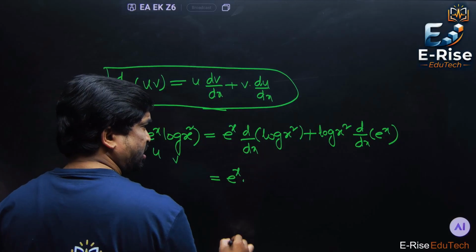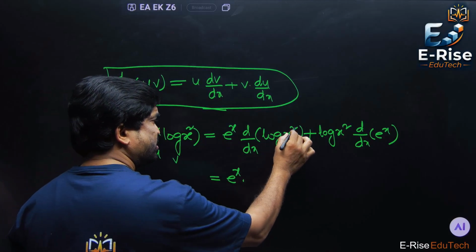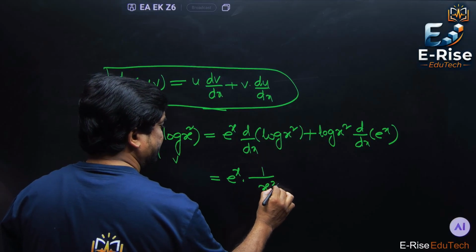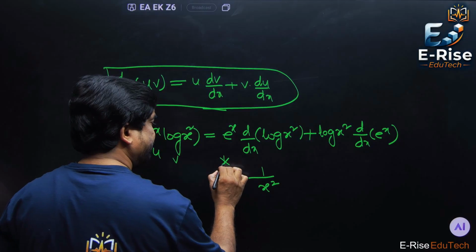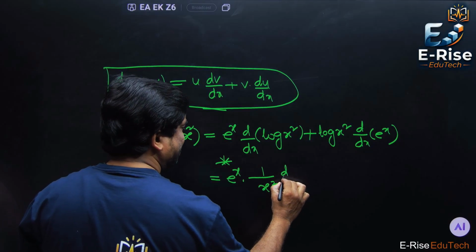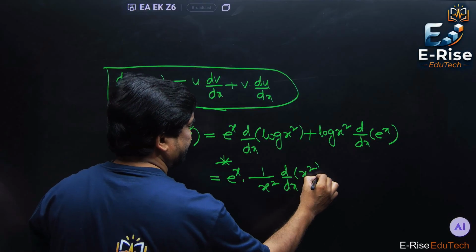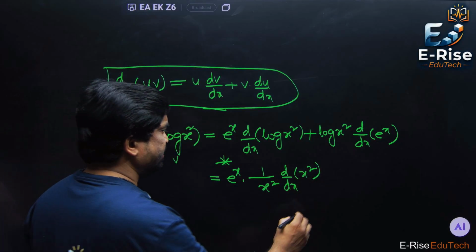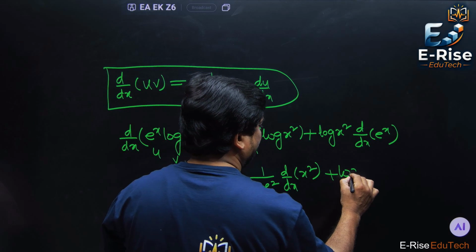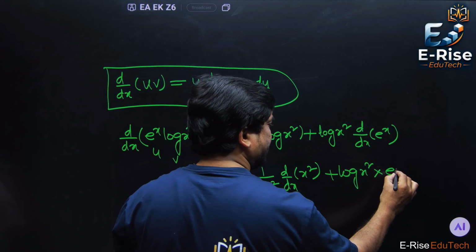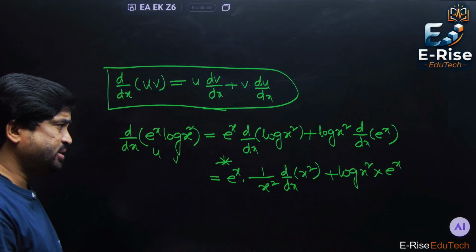d by dx of log x is like 1 by x, but here x square is given. So 1 by x square. Here internal differentiation applied: d by dx of x square. Then plus log of x square into d by dx of e power x, which is e power x only. No need of internal differentiation.